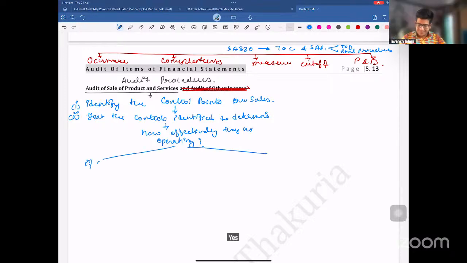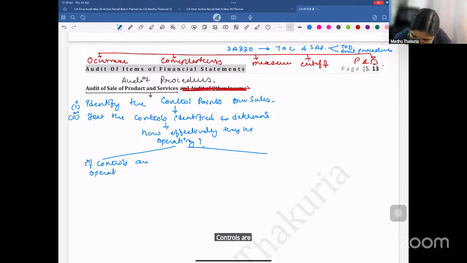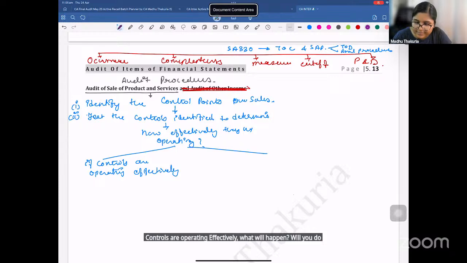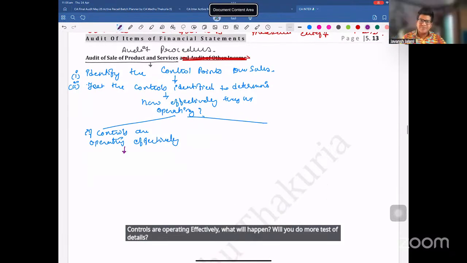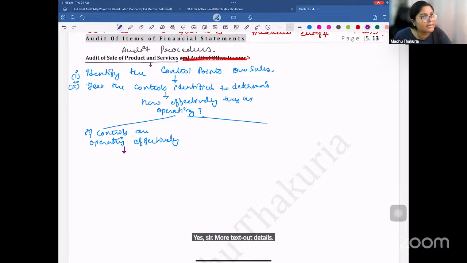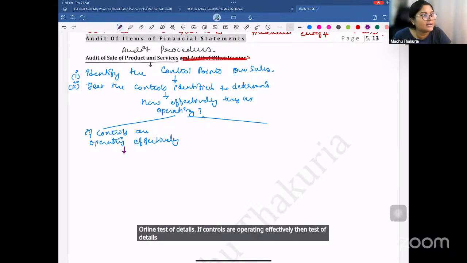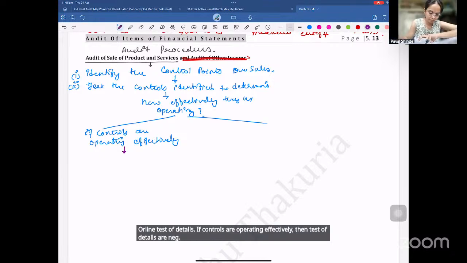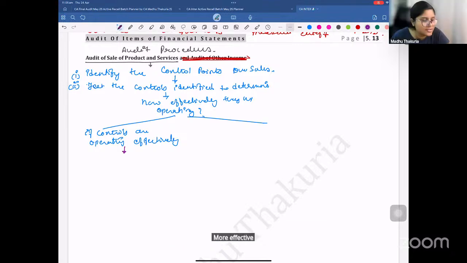If controls are operating effectively, what will happen? Will you do more test of details or less test of details? Less. If controls are operating effectively, then you will not do more test of details; it is the opposite. When controls are more effective, you are going to reduce your substantive testing.